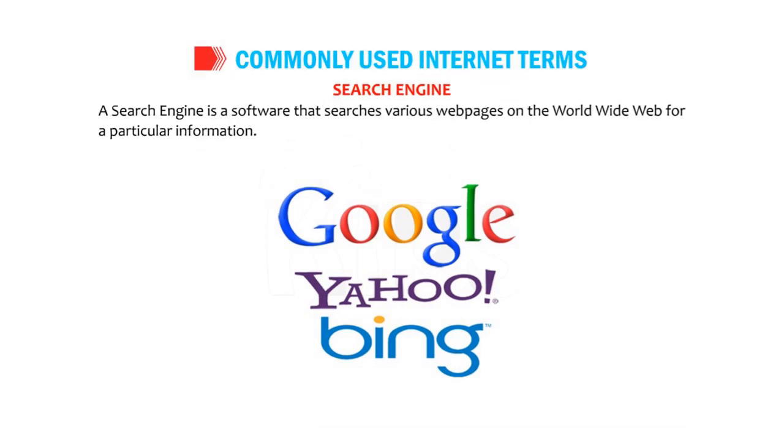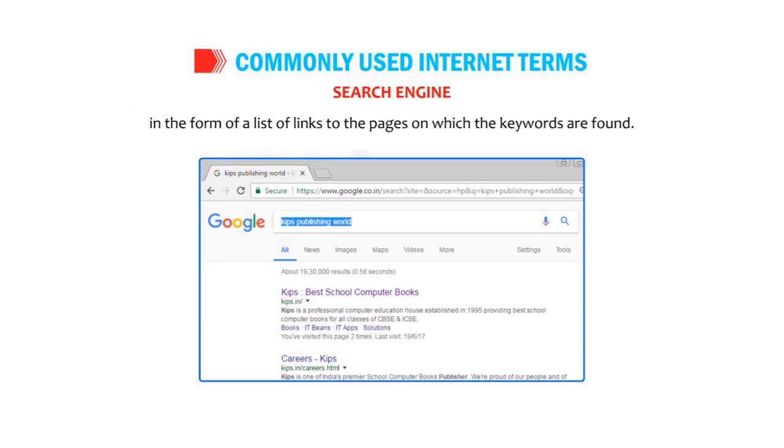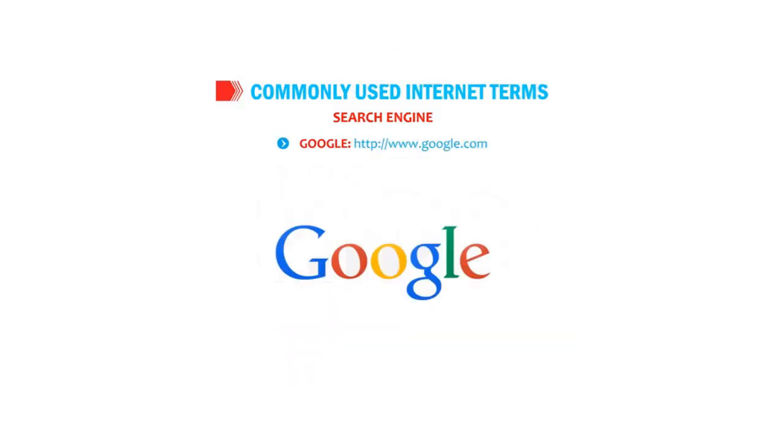A search engine is a software that searches various web pages on the World Wide Web for a particular information. It requires a user to enter a keyword related to the information to be searched and displays the search results in the form of a list of links to the pages on which the keywords are found. Some examples of search engines are Google.